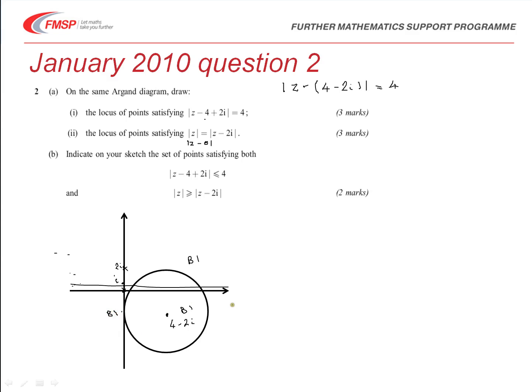And then when you drew the next one, the fact you draw a straight line will get you a mark. The fact that you draw it parallel to the real axis would get you a mark. Don't think mine necessarily would do. And then the fact that it goes through i on this axis will get you the 3rd mark there.